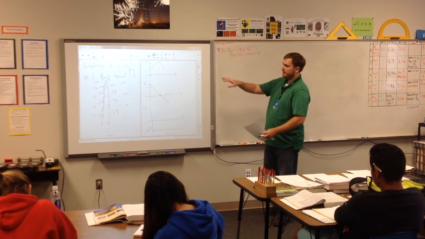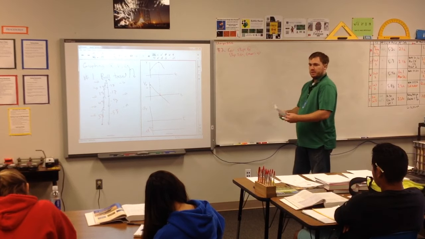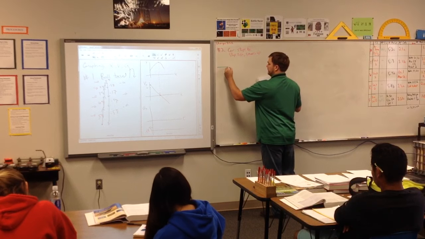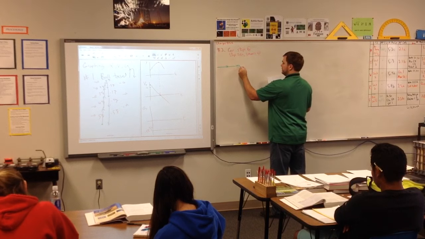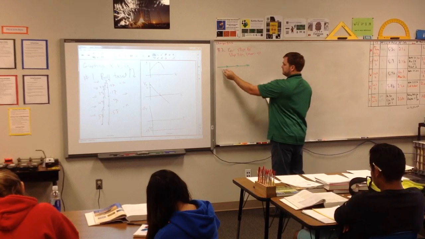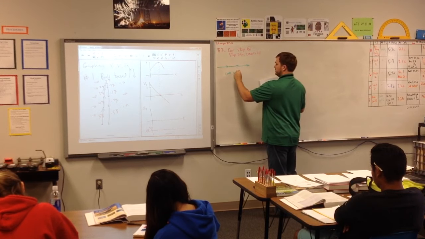And just like we did over here, let's do a motion diagram of this. First off, the car's traveling along at constant velocity, so I'm going to do maybe 2 or 3 of these at about the same length. So constant velocity.